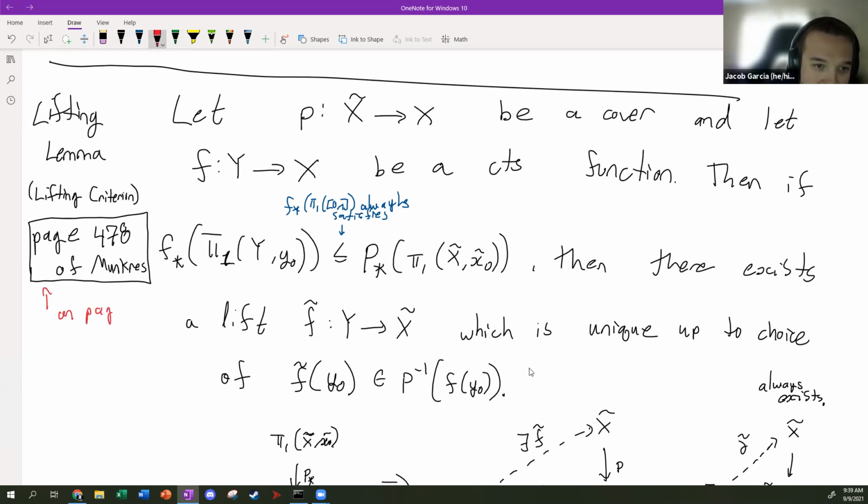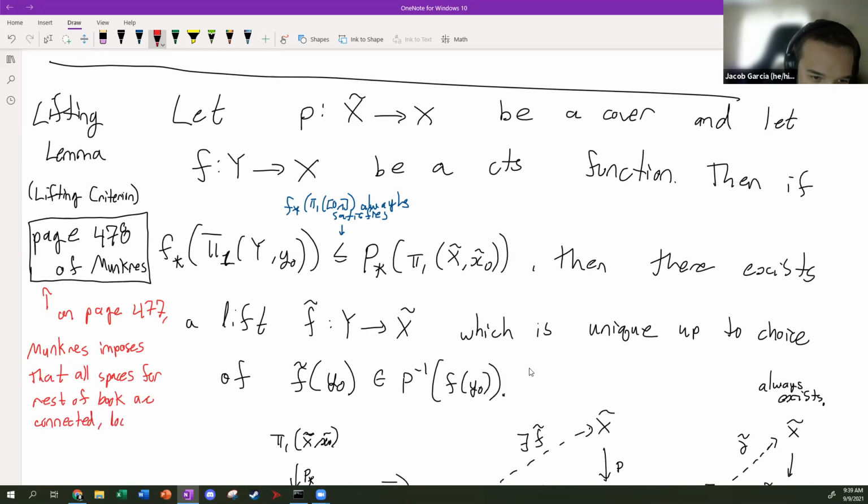On page 477, Munkres imposes that all spaces in covering maps, for the rest of the book, are connected and locally path connected.